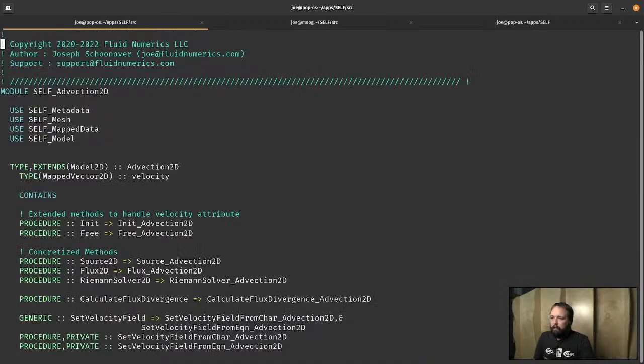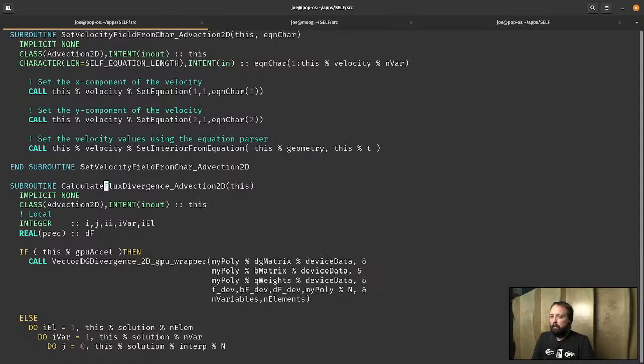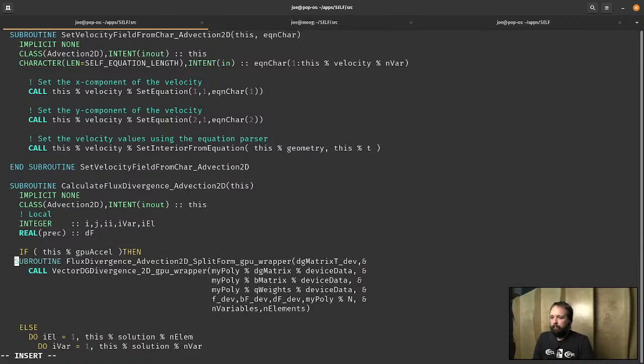So what's the name of that interface? This is how you know you're getting tired. It's Flux Divergence, advection, 2D, split form, GPU wrapper. Now again, those my polys.